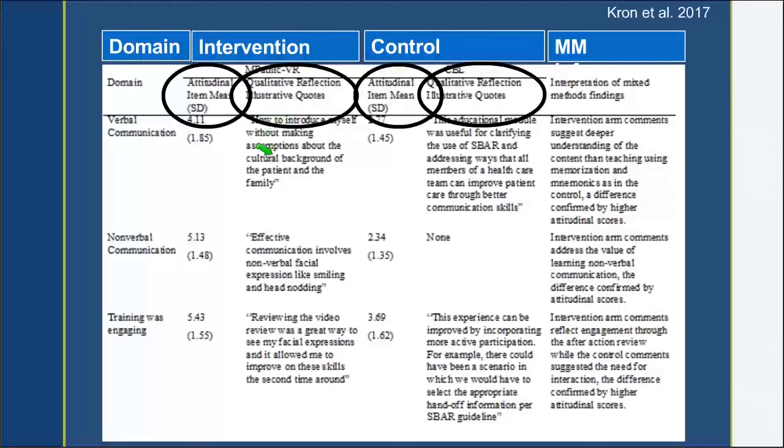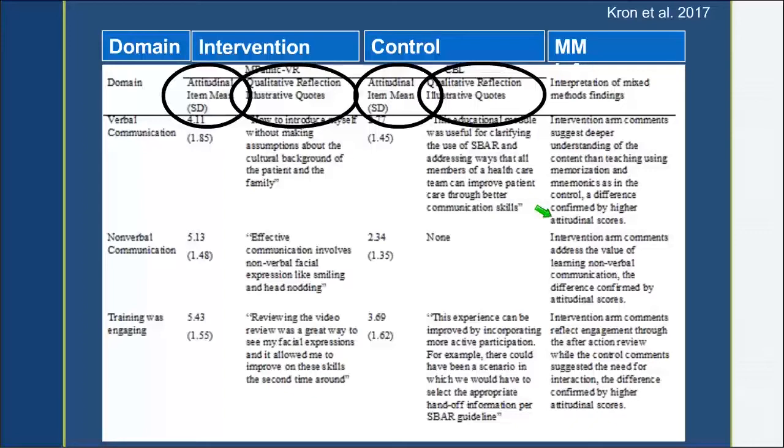So how to introduce myself without making assumptions about cultural background in the intervention group. The control group example is talking about mnemonic devices. In the interpretation here, which shows an example of that mixed methods interpretation, we wrote: intervention arm comment suggested a deeper understanding of content than teaching using memorization and mnemonics in the control, a difference confirmed by higher attitudinal scores.